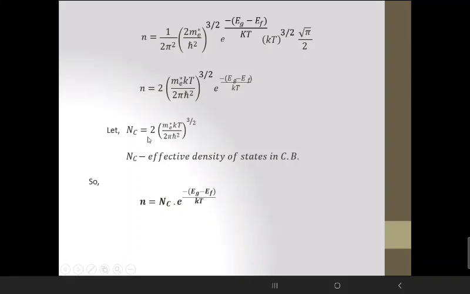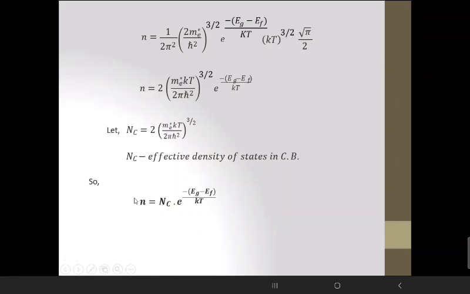So Nc is equal to 2 times (me star kT over 2 pi h cross squared) to the power 3 by 2. Nc is the effective density of states in the conduction band.